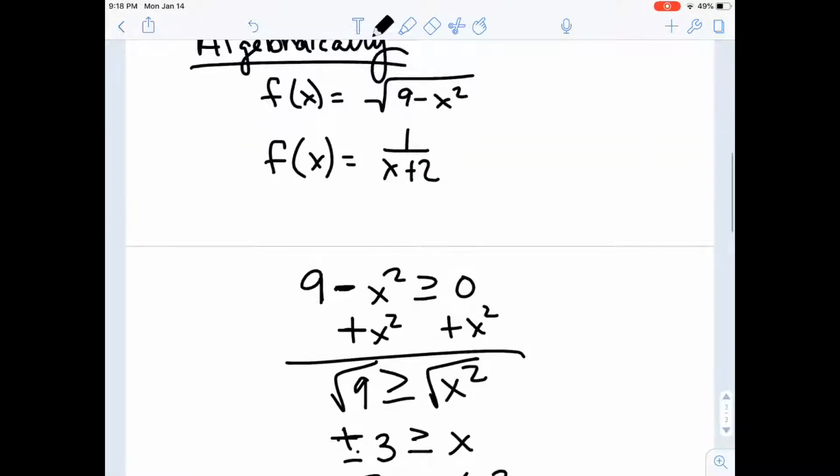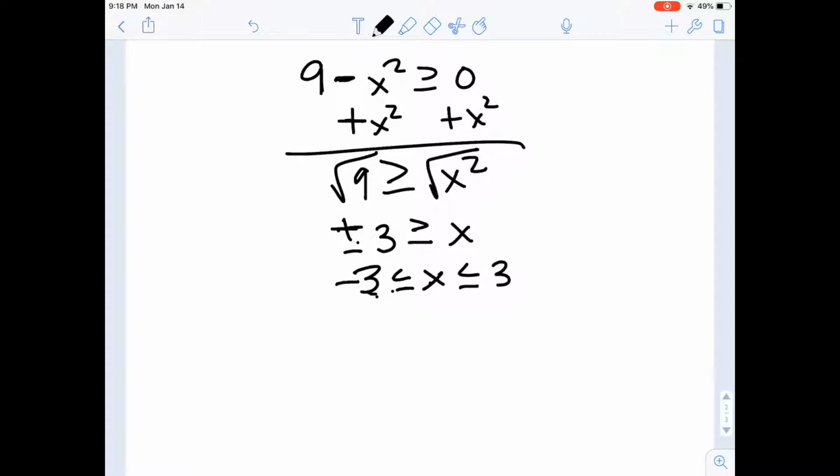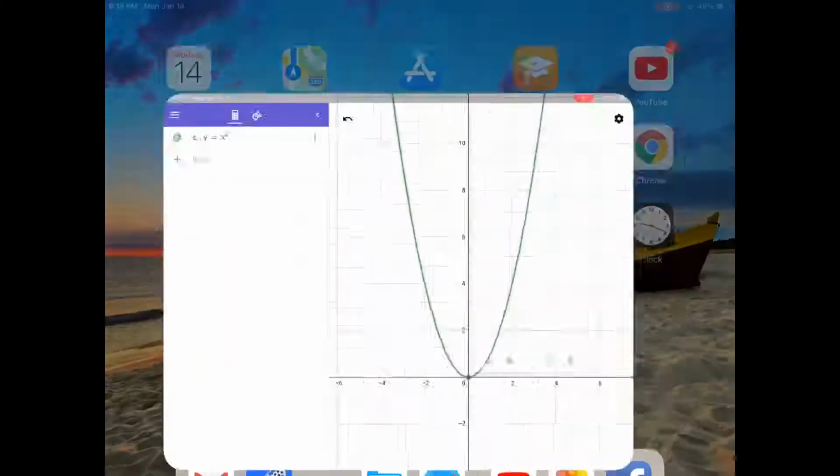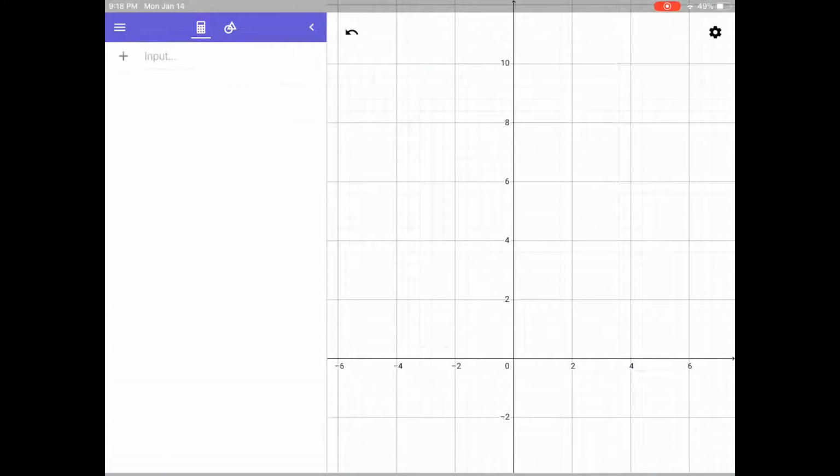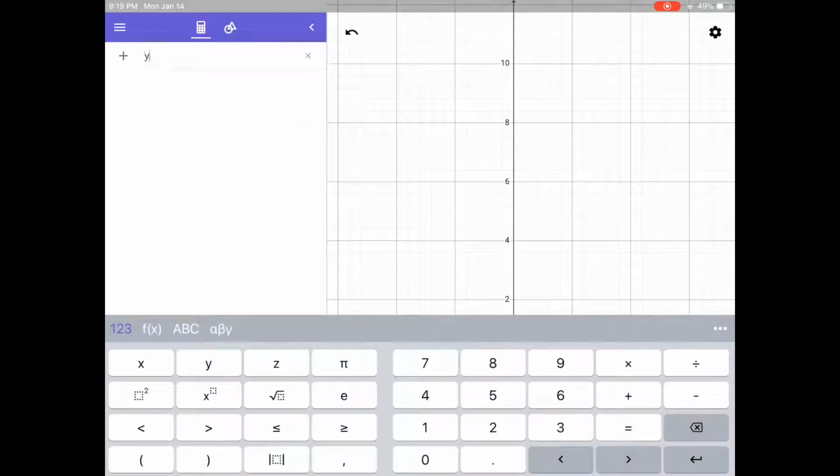Now, the second equation, you have f of x equals 1 over x plus 2. This is one you can do graphically. Let's delete that. So we could say y equals 1 divided by x plus 2.